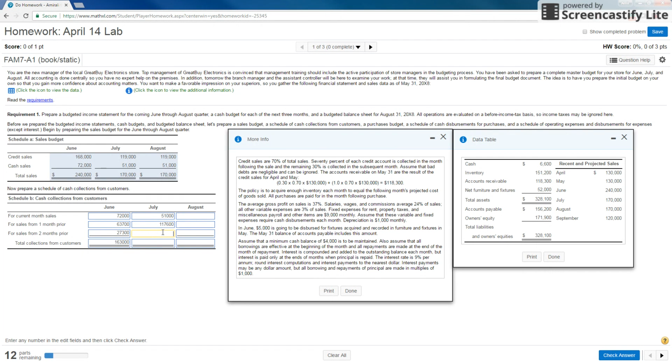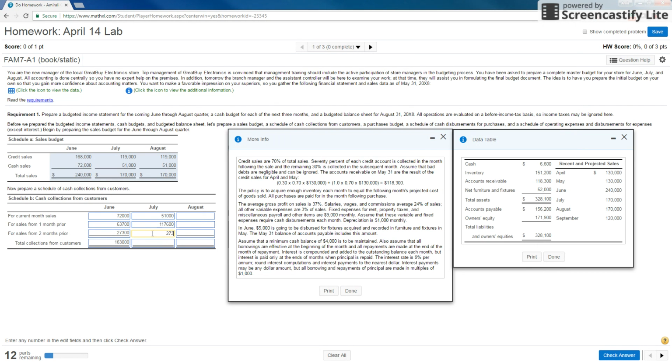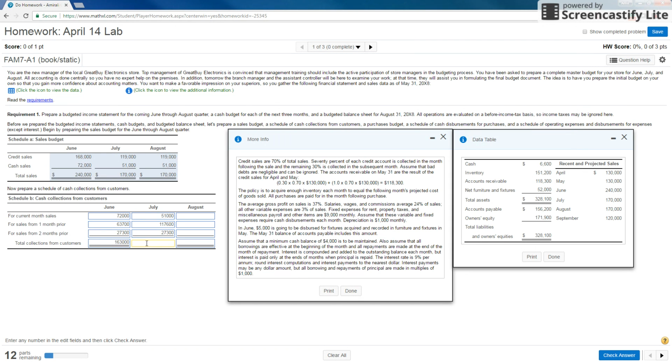And from 2 months before, which was 130,000 total sale, 70% of it is credit sales, and we are collecting 30% of those credit sales, which is 27,300. Now, if you sum over everything, it's 195,900.